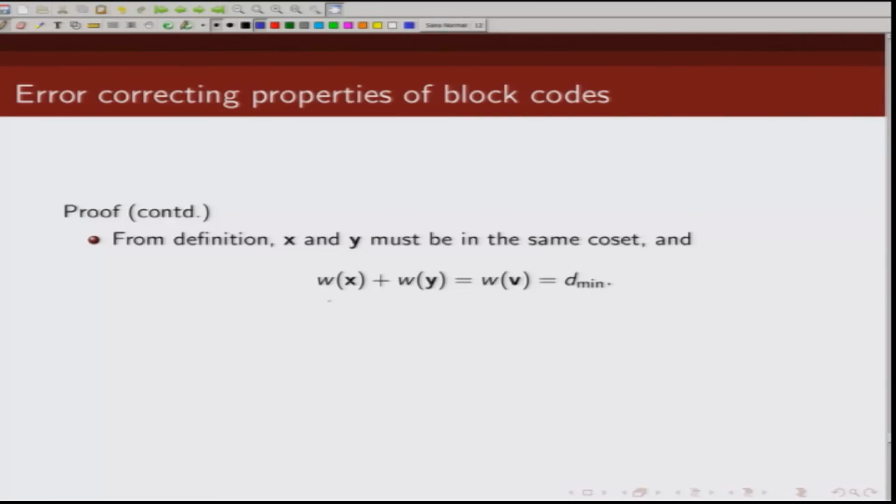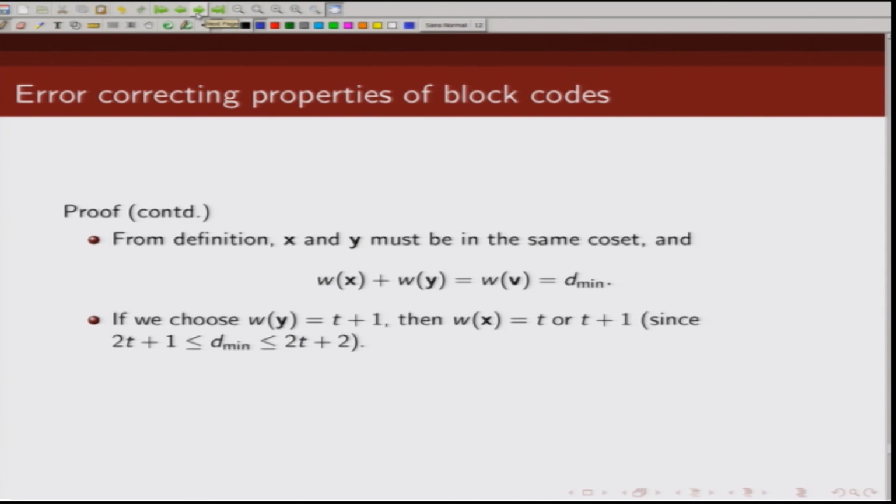And similarly, the weight of x plus the weight of y is equal to the weight of V, and we have chosen V to be the minimum weight code word, so this is given by d min. Now, if we choose our y to have a weight of t plus 1, then we can see from here that d min is greater than or equal to 2t plus 1, but less than or equal to 2t plus 2.